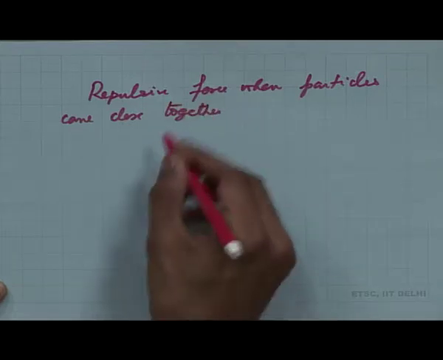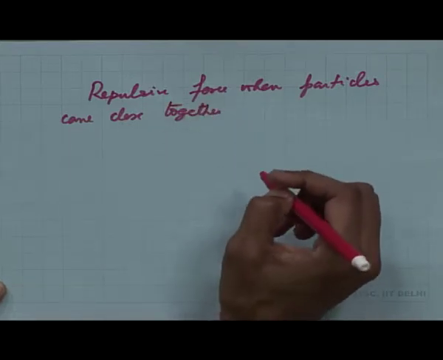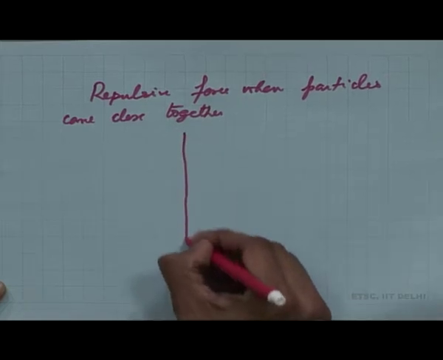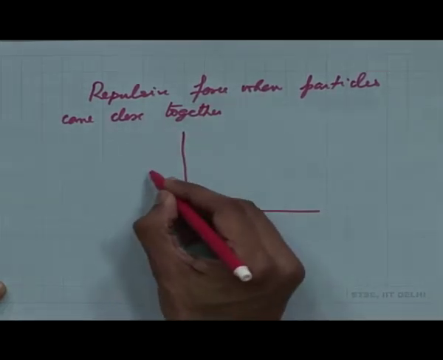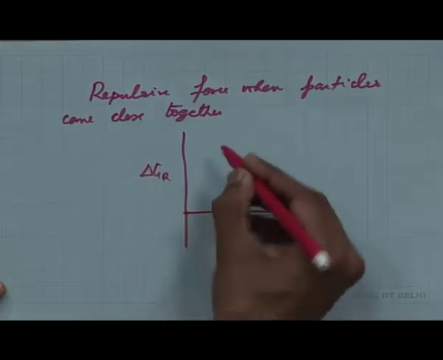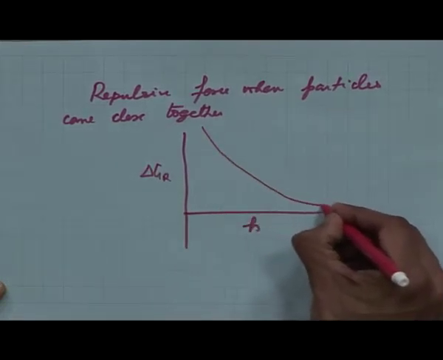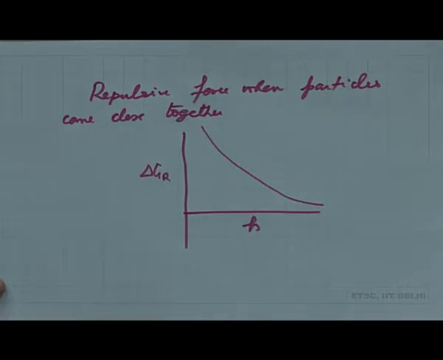This repulsive force is a result of what is called Born repulsion, and if you looked at this as a function of H, this energy of repulsion would go something like this. This is all for uncharged particles.